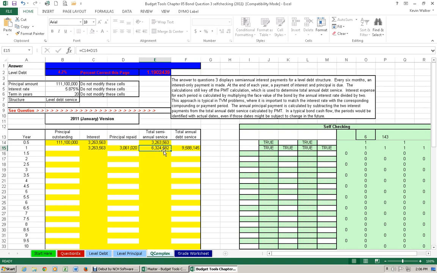Now, you've already paid half of the interest, right? That was on the 6-month mark. Now, at the 1-year mark, you're paying the other half of the interest plus the principal, all right, which is this amount. And then the total annual debt service is this amount, which is these combined, okay? Make sense?